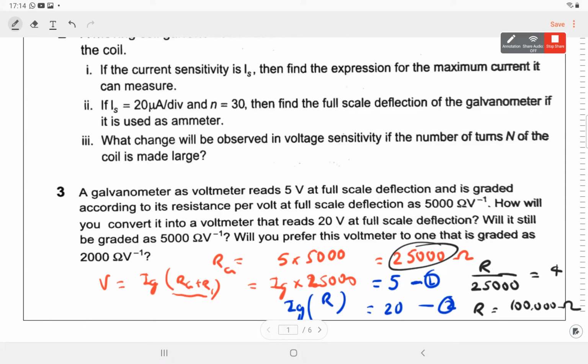That becomes 100,000. 25,000 is already there, so we have to add an extra 75,000 in series so that the range can be increased from 5 to 20.